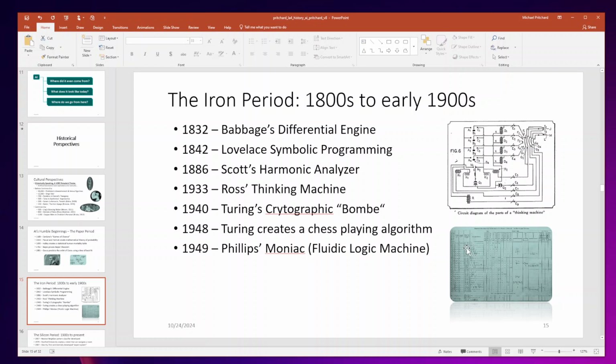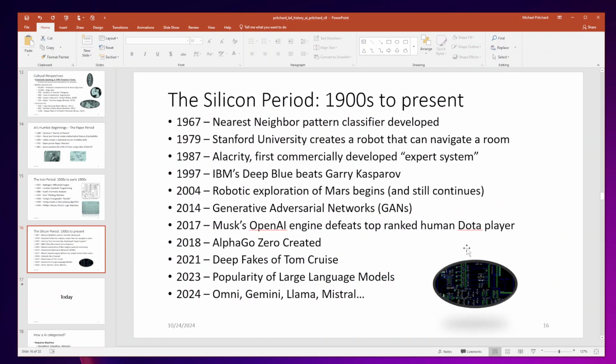Then Alan Turing, 100 years later, with the cryptographic bombe, and then a fluidic logic machine in the 1950s. That rounds out our iron period and moves us into the silicon period, and then things move really fast at that point.